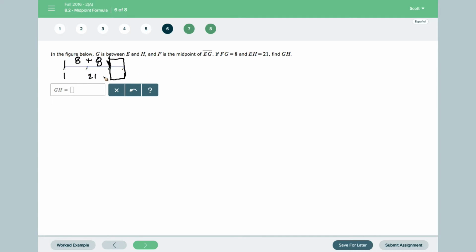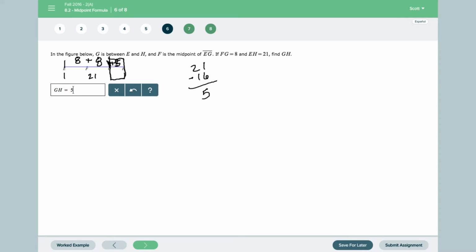So we know that that distance is 16. Well, 16 plus what? 16 plus something is 21. To find out, we can just take 21 minus 16, and we see it's 5. So 8, 8, and 5 will give me the full 21. So that tells me that GH is 5.